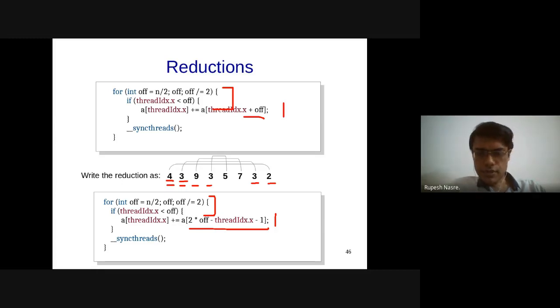Rigved has given some code. A of 2 into offset plus equal to A of 2 into offset plus 1. Sure. So this also is okay.